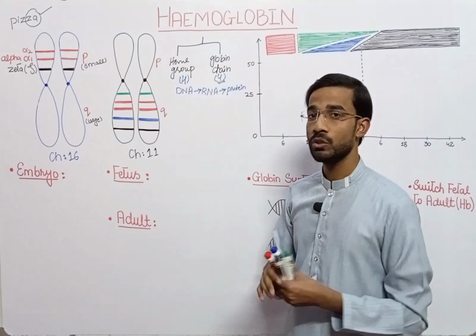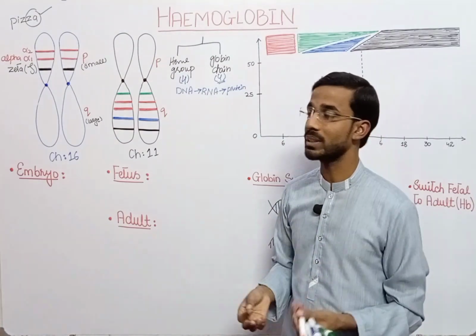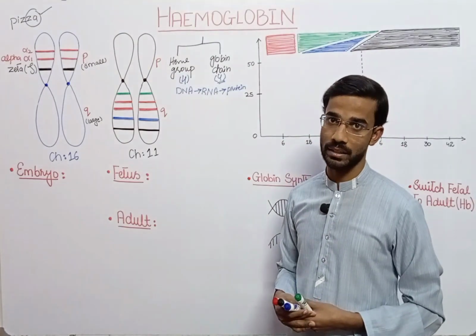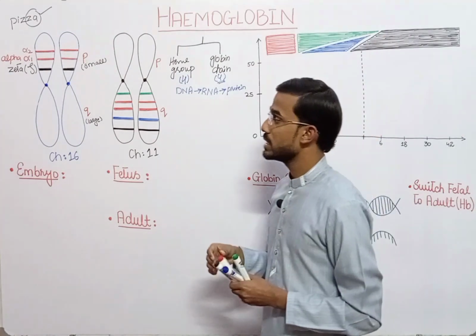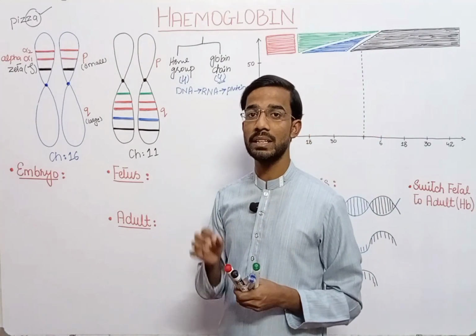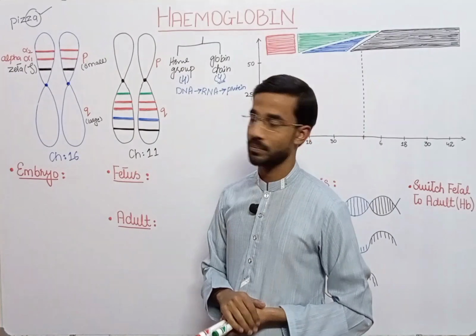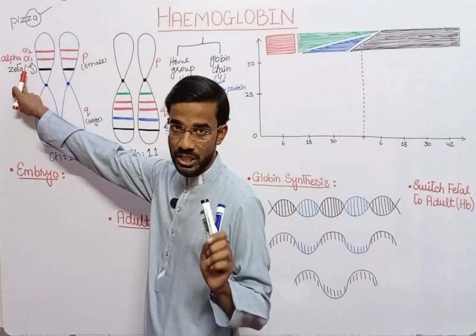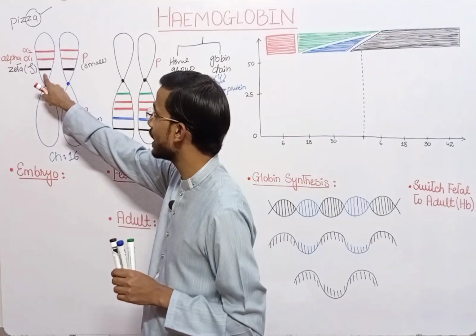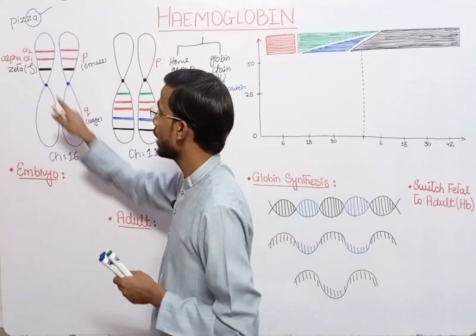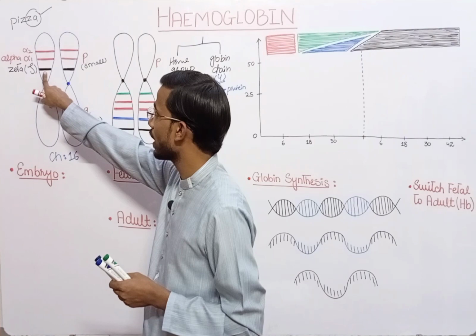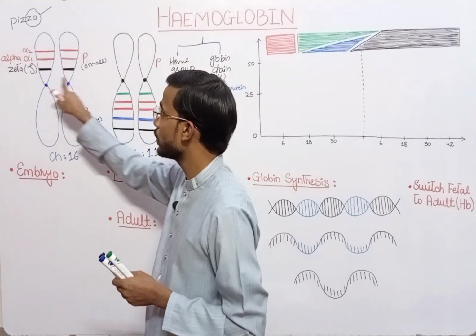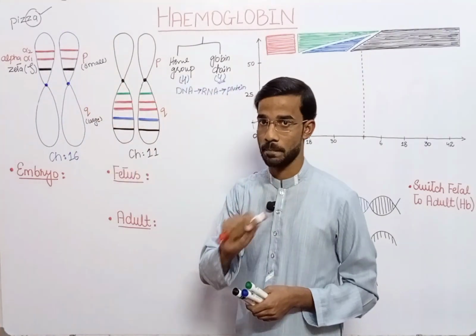Before we discuss, you should again know the basic difference between genes and alleles. Alleles are basically the components of the gene. Here you can see this zeta gene. The zeta gene has 2 alleles on the homologous chromosomes. Here you can see this is allele 1, this is allele 2 and they form the 1 gene.